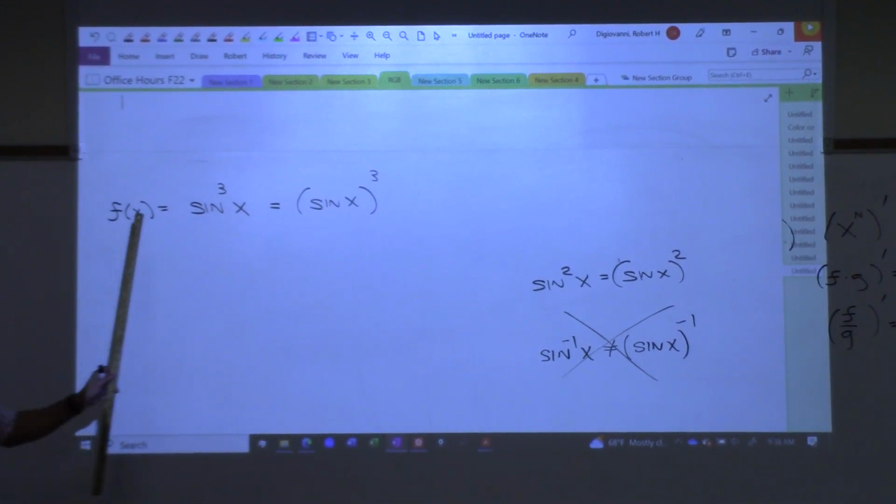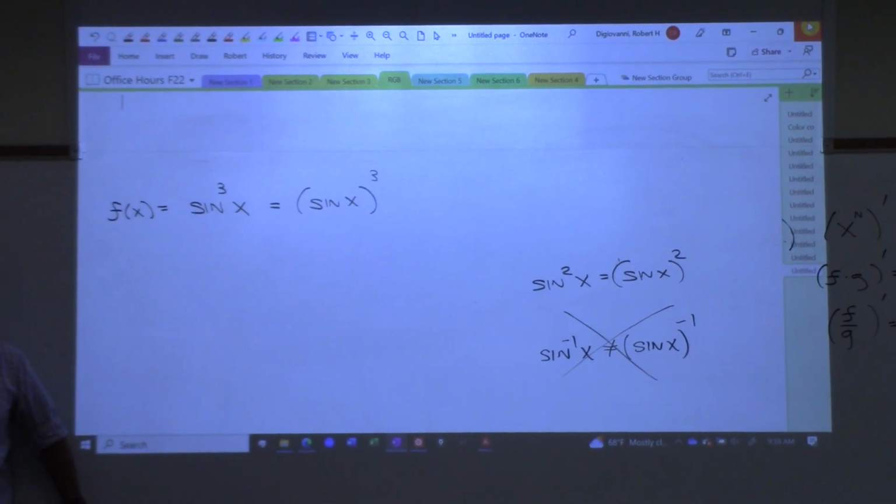So if you now believe this is true, do you see a function inside of another function? Think of it this way. If I told you to plug in an x here, who gets the x first? You're going to do sine, right?